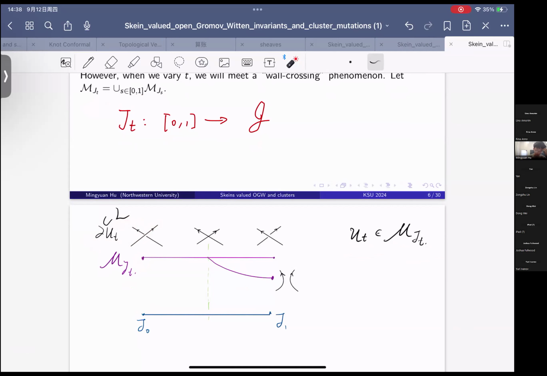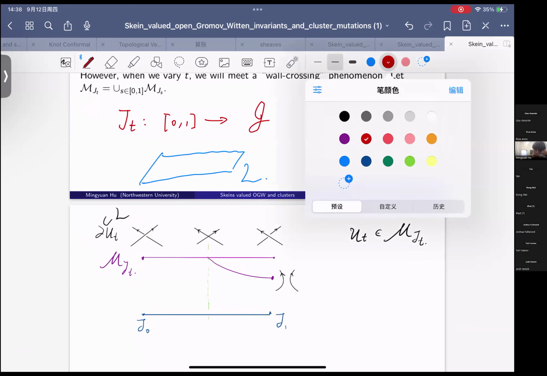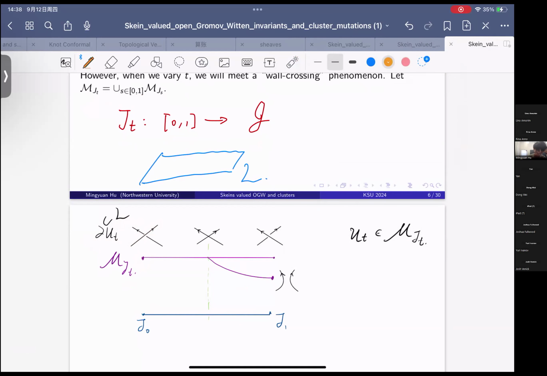It's a three-manifold, so the boundary is a one-dimensional submanifold in a three-manifold. Another way to draw this picture is roughly like this. So this is our L, and it could be something like this.